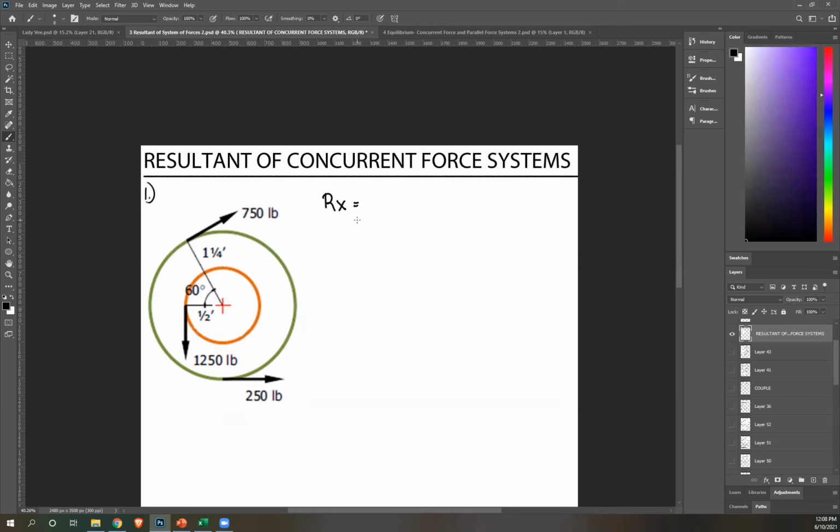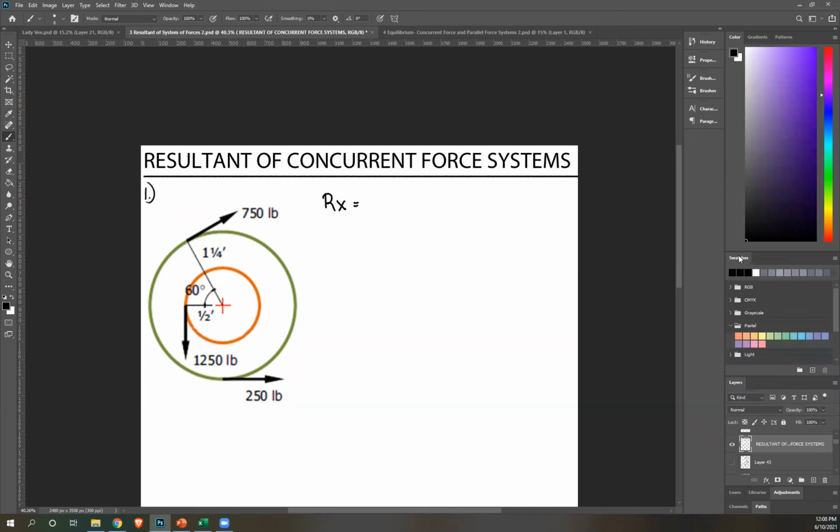So this is its X component, and this is its Y component. How are we going to get this X component? We're going to look at the figure. We're given an angle here, right? This is 60.